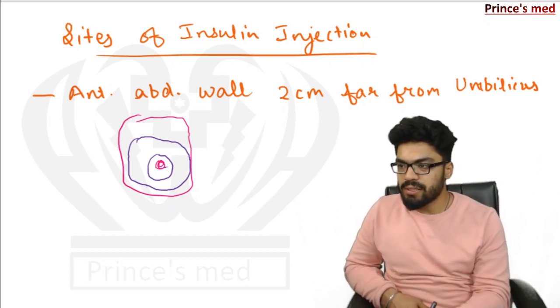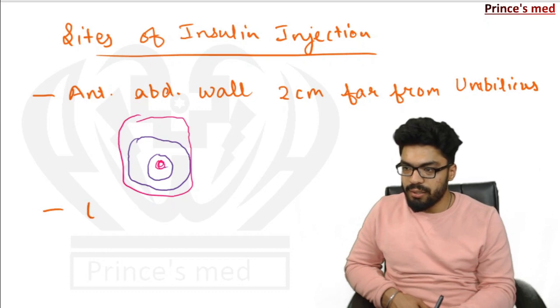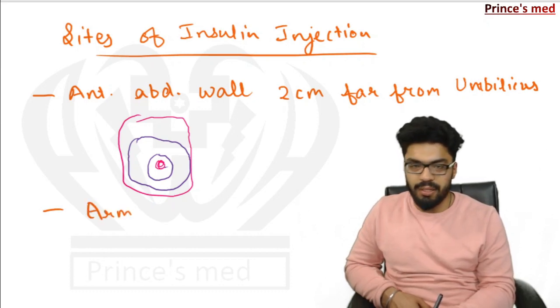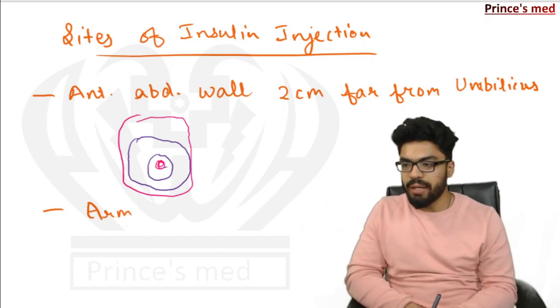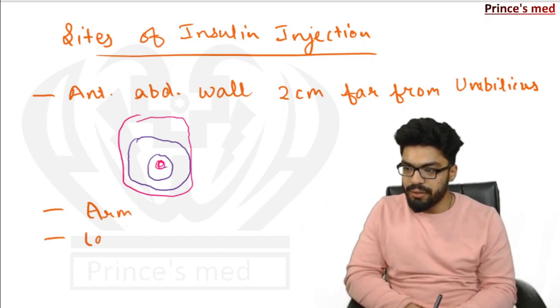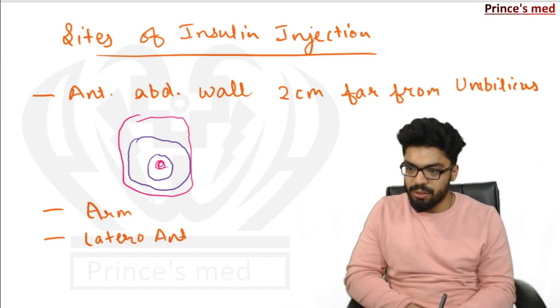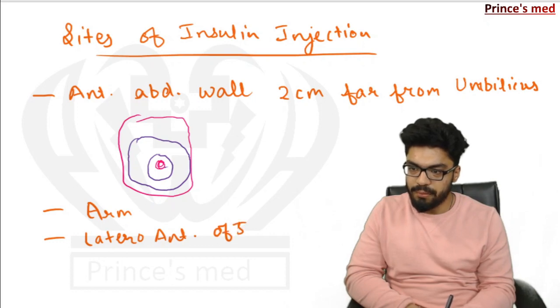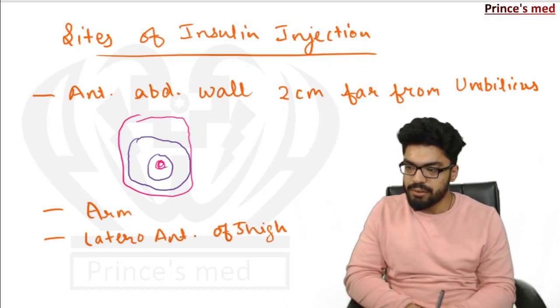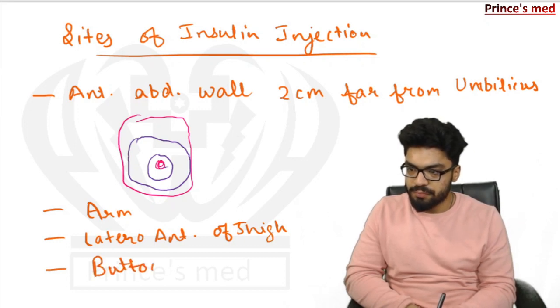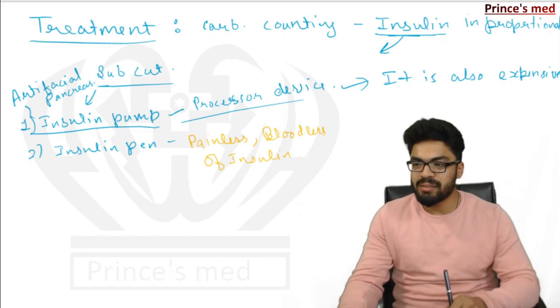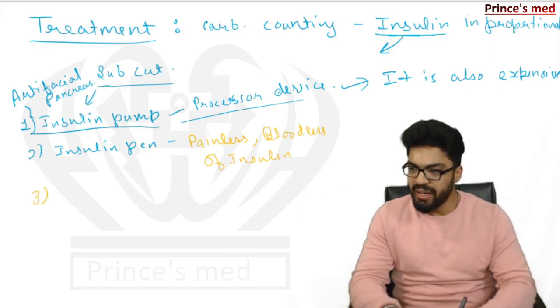And next is arm, in the lateral side of the arm, and in the latero anterior surface of thigh, and buttocks.